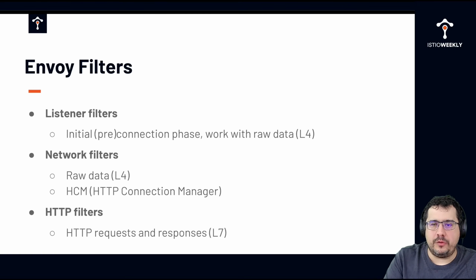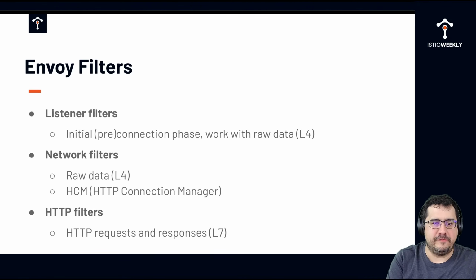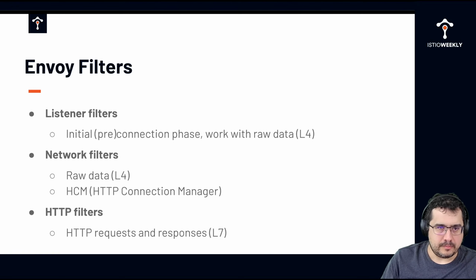Just an example, there's a listener filter called TLS inspector filter that can identify if the connection is TLS encrypted and then extract relevant TLS information from that connection. And when I say extracted, it means that it can be used later on to either select a different filter chain or do some processing based on that.